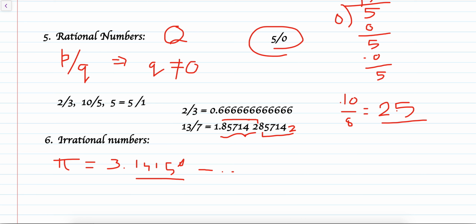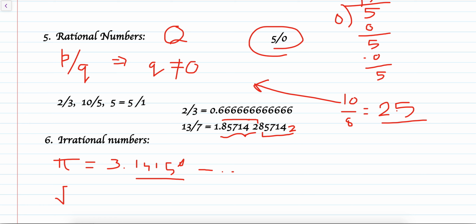So these all are rational numbers, but irrational numbers are those numbers which never terminate, or we don't get any fixed pattern or repetition of decimal digits. So for example, pi never terminates, and we also don't get some fixed repeating pattern.